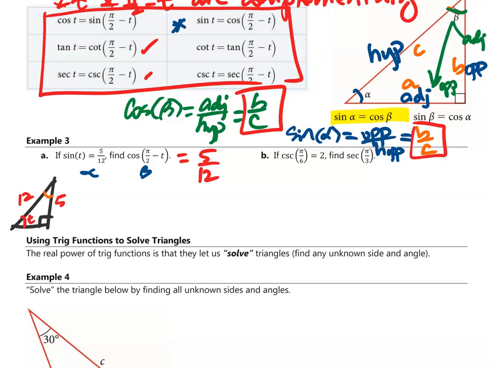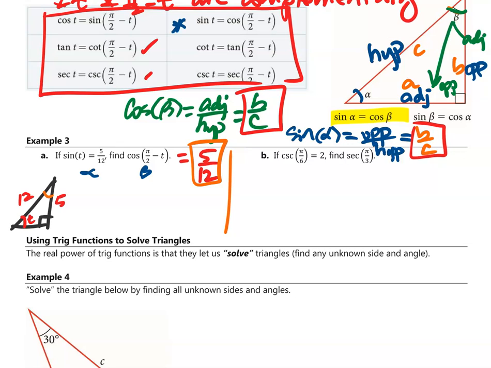When you add up these two angles is equal to 90 degrees. So here it's going to be adjacent over hypotenuse, so that's why that is equal to 5/12.